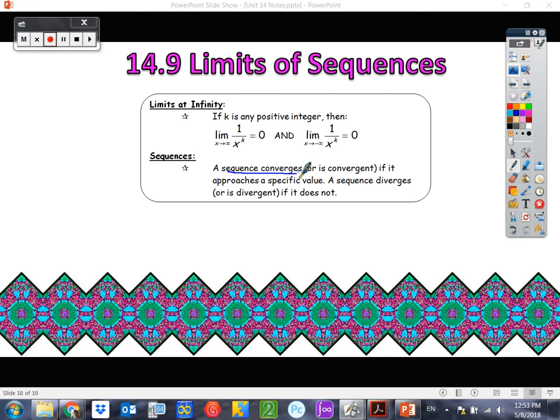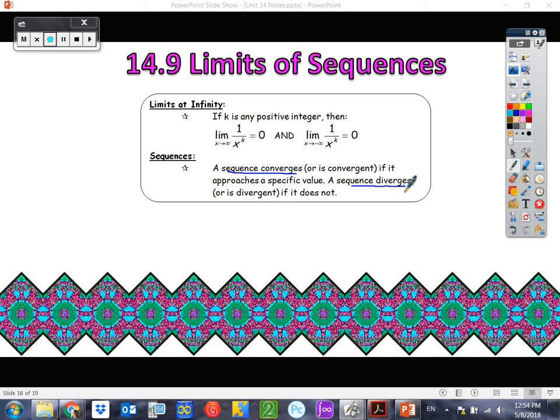Okay? If the values of each individual term are not approaching a specific number, maybe they're going to infinity, or maybe they're doing something crazy, like flipping back and forth between -5 and 5 or something, then we would say that the sequence diverges or is divergent.